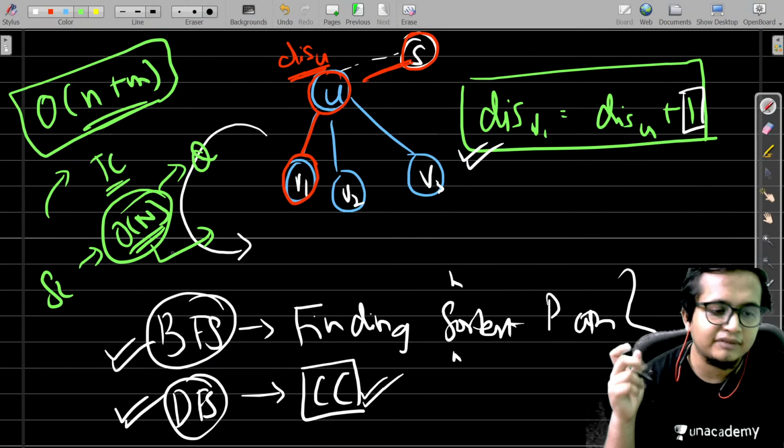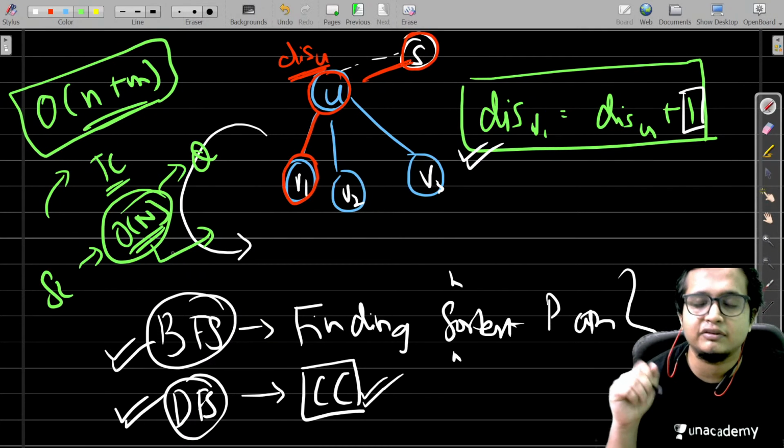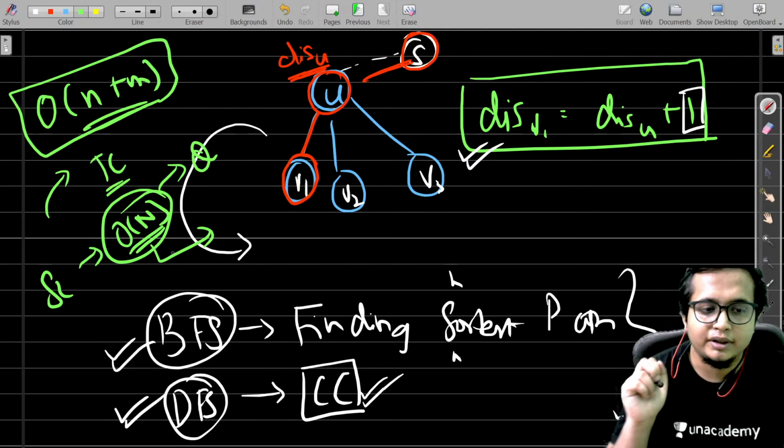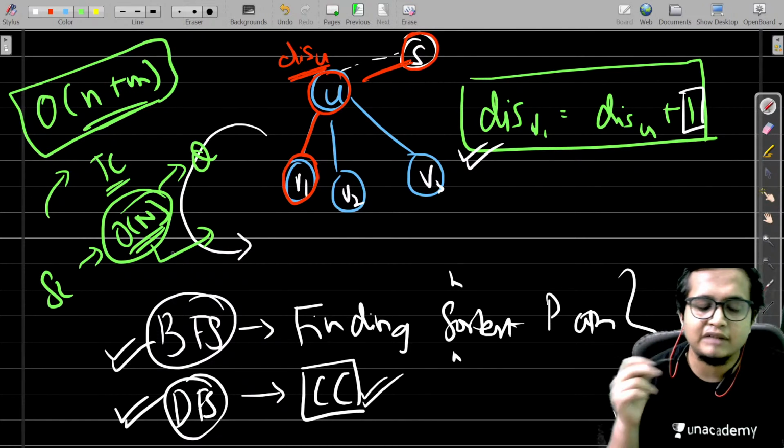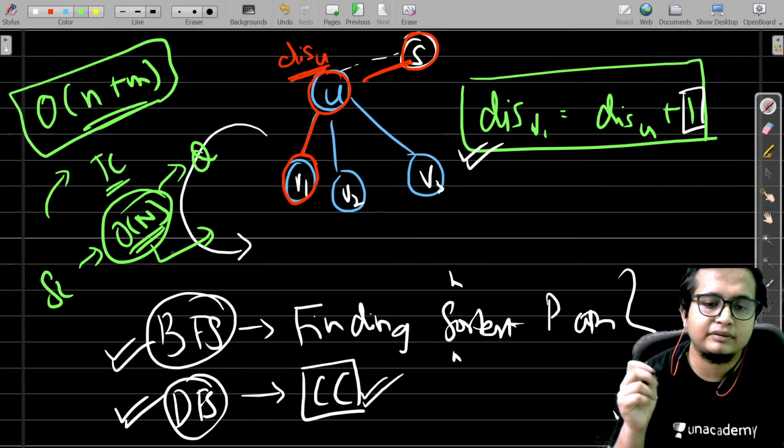So in both cases, the time complexity is O of N plus M and the space complexity is O of N.